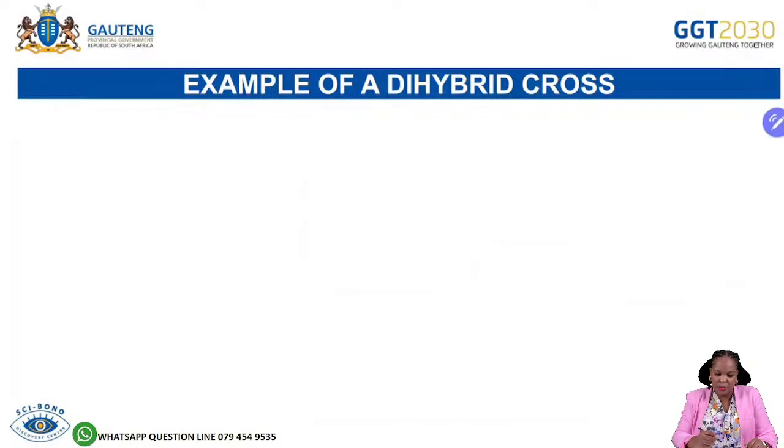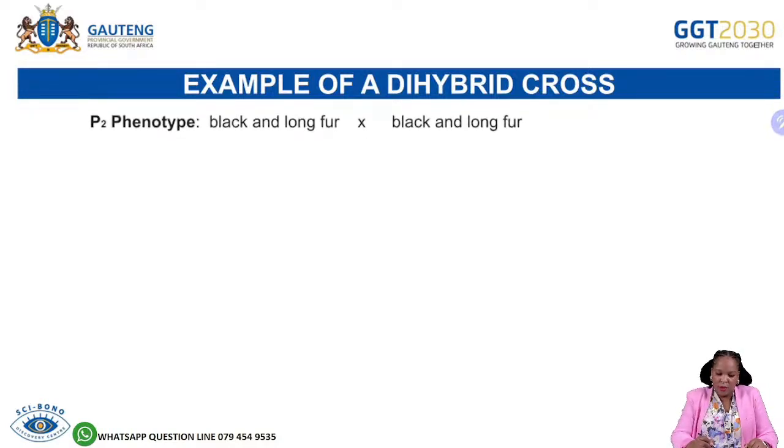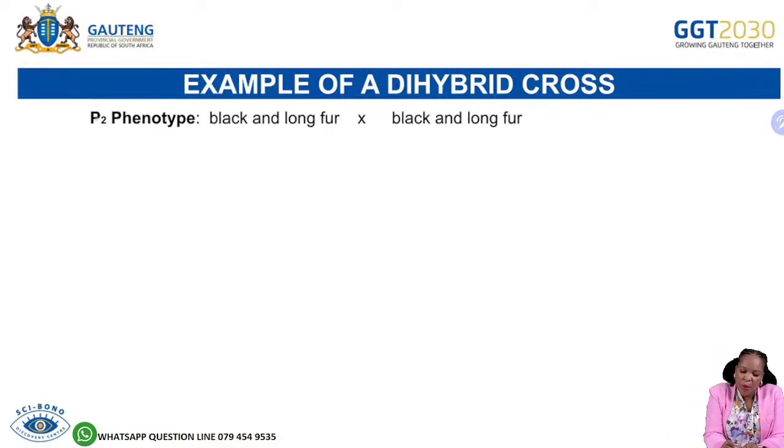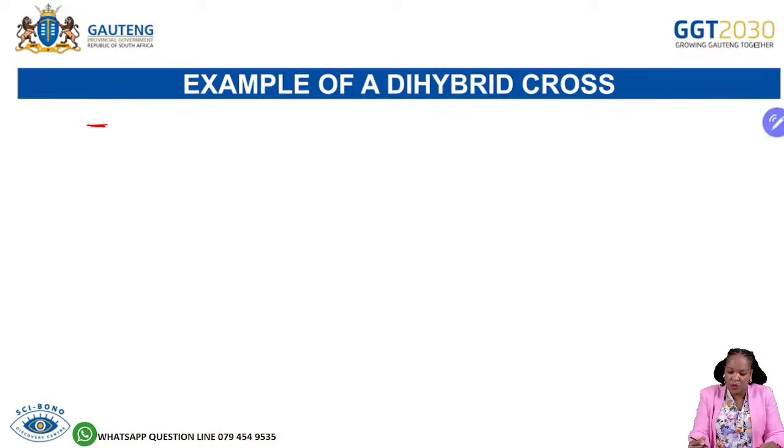Let us see it now. How do we do that? Right? So, you see here we have P2. What is P2? We don't have P1 like we always had because we took the product of the first cross. What was the first cross?